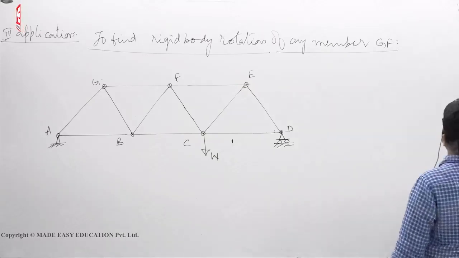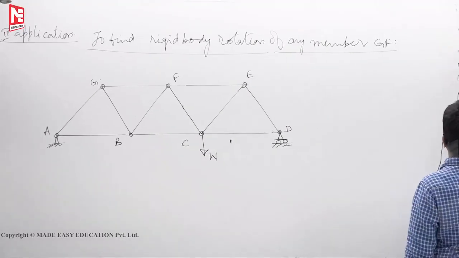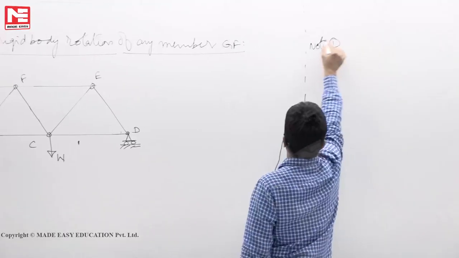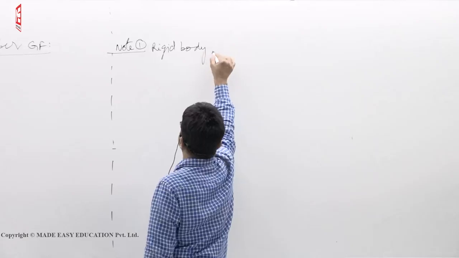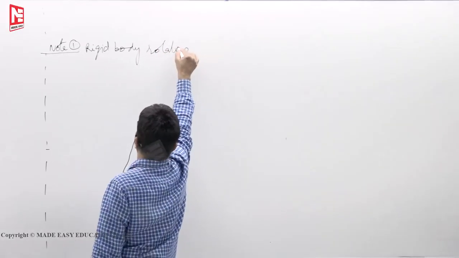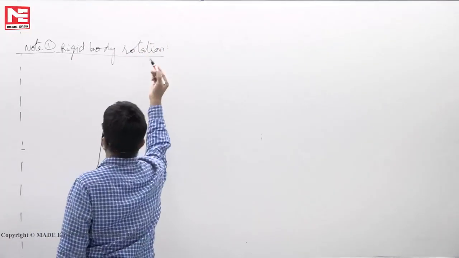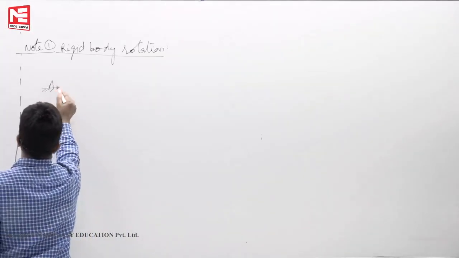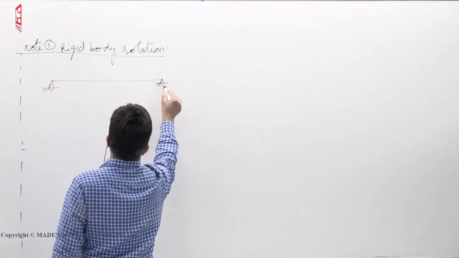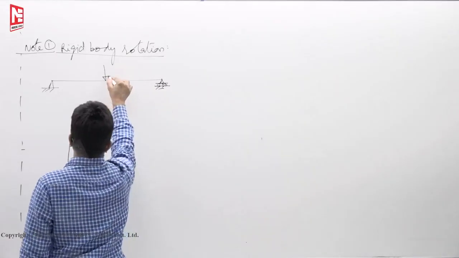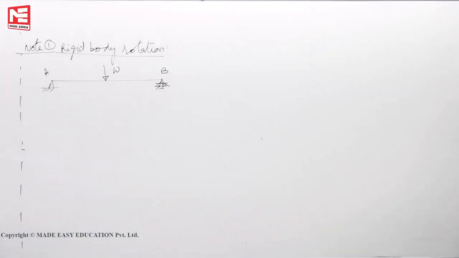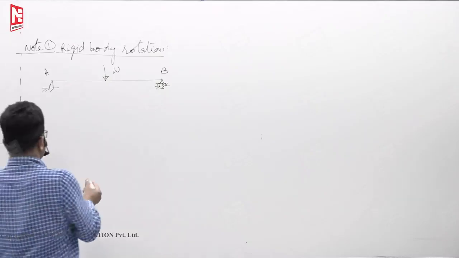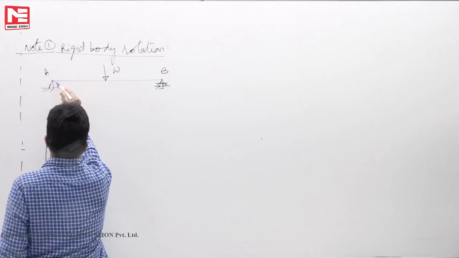First we should know why we used the word rigid body rotation. Supposing that you have a simply supported beam, say, with load W, and supports A and B. In strength of materials you studied that due to this load it will deflect like this.